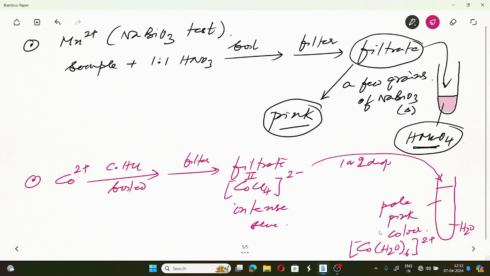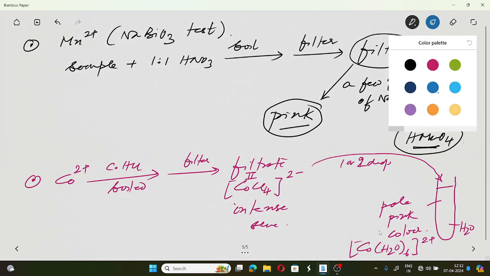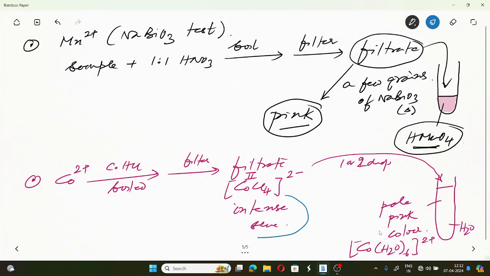Now, if you are unable to observe this pink color, you can perform another test. To this solution, add first ammonium bifluoride or glacial phosphoric acid, H3PO4, followed by addition of ammonium thiocyanate.